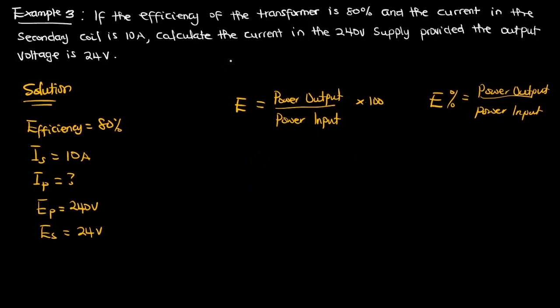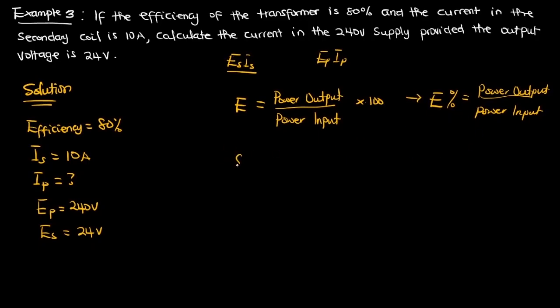What is power output? Power output is voltage times current, so obviously it is equal to ESIS. This is the power output. Then the power input is EPIP. That is the power input. So the efficiency, we are going to use this version of the formula.